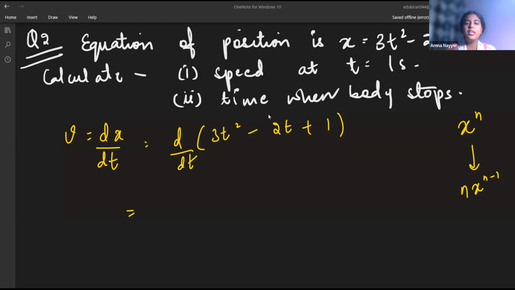Nabiha, how do we differentiate 2t? 3 into 2t to the power 2 minus 1. Right, 3 into 2t to the power 2 minus 1. Very good, Siddiqa. Nabiha, this part. How do we differentiate 2t? What will be left?